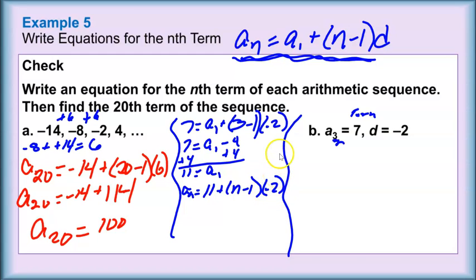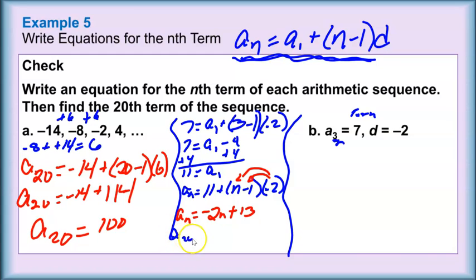And if I were going to write an actual linear equation for this one, I'm going to distribute the negative 2. So I would have a subscript n equaling negative 2 times n is negative 2n. Negative 2 times negative 1 is 2. 2 plus 11 is 13. So my equation would be a subscript n equals negative 2n plus 13. And then I can use that to find the 20th term.